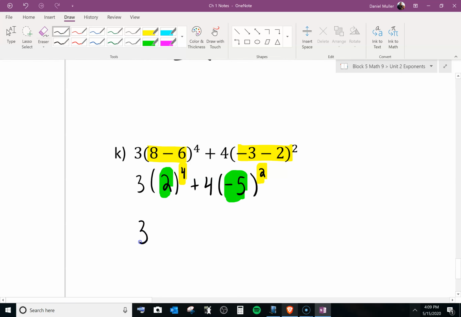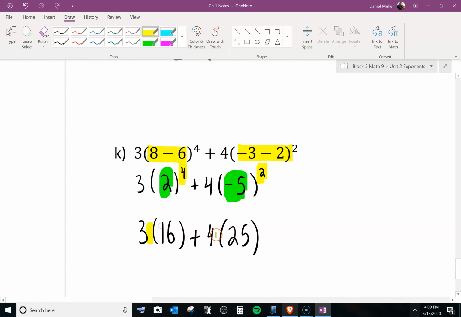So I've got a 3 times 2 to the power of 4. That is going to be 2 times 2 is 4, 8, 16. Plus 4 times negative 5 to the power of 2. So negative 5 2 times. Negative 5 times negative 5 is a positive 25.